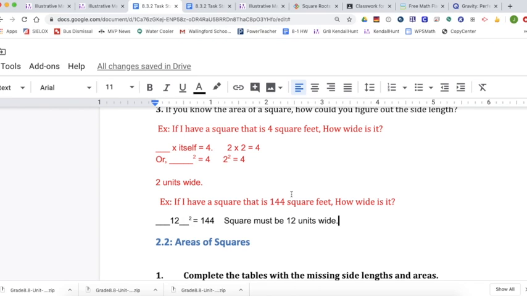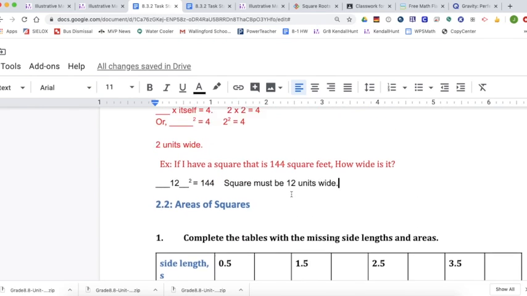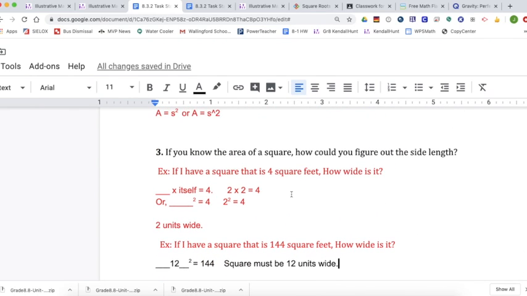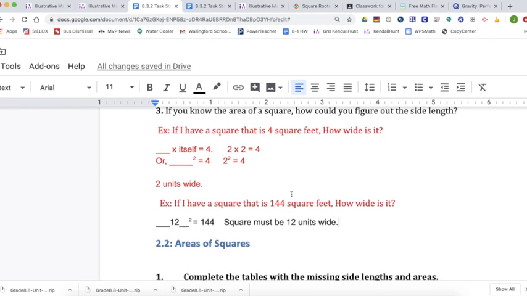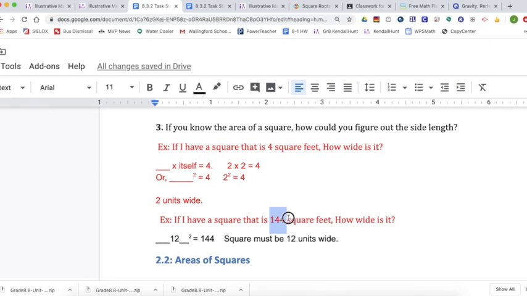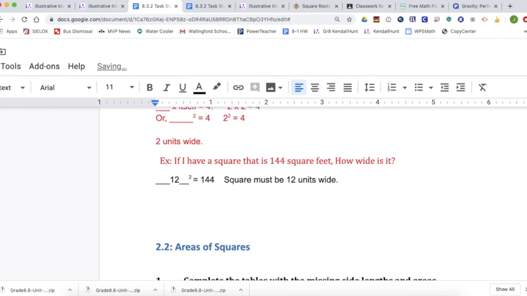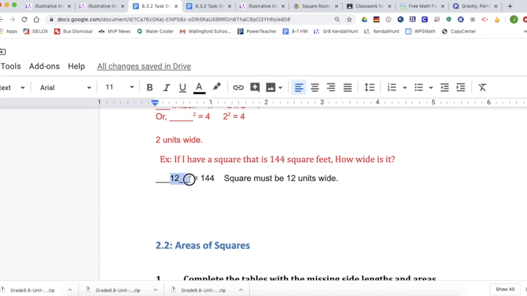All right? So we're going to try a couple of these. Actually, before we do that, I'm going to introduce a word to you. If you know the area and have to go back to find the side length, we want to answer what squared gets me 144.